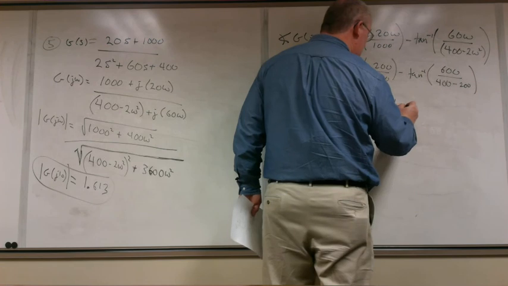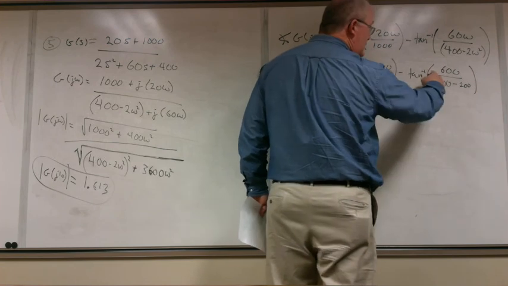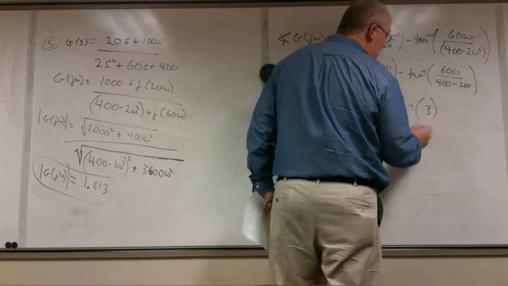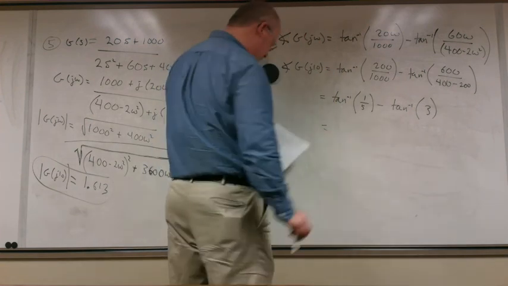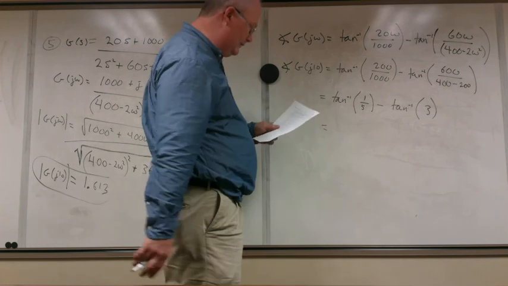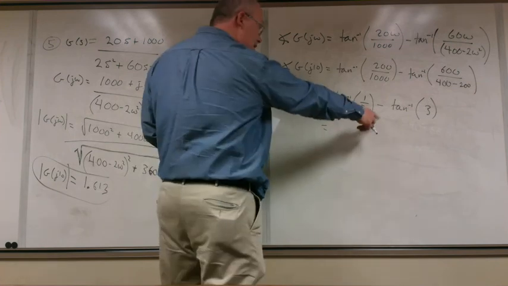So it's minus the inverse tangent of 600 over 200, which is 3. Hey, we did that one once before. Wasn't that 73 some odd degrees? Or 71, what is it? 71.57 degrees. Of course, this will make it a negative.